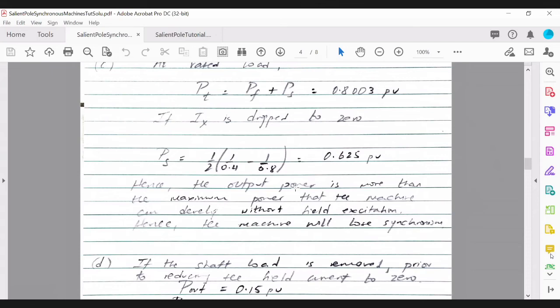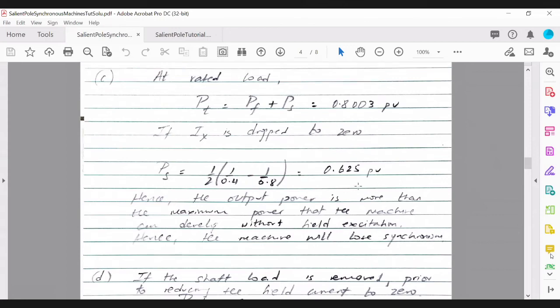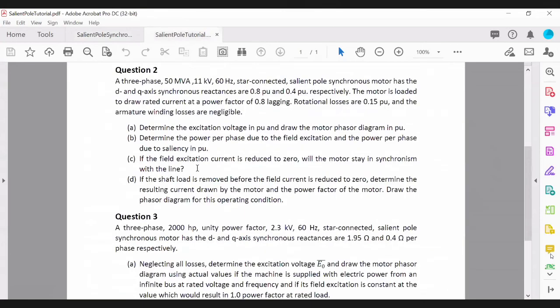So since your output power is more than the maximum power that the machine can deliver without any excitation, your motor will lose stability. It will lose synchronism with the supply, okay? And it will basically trip your motor off the line. Okay, so that's for part C.